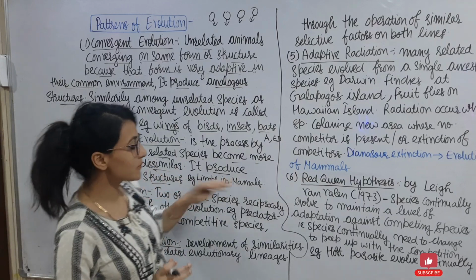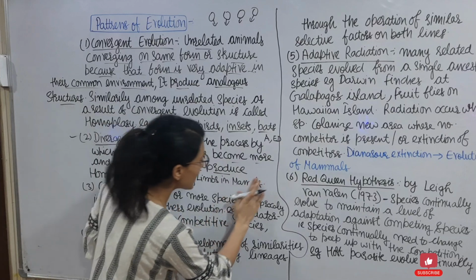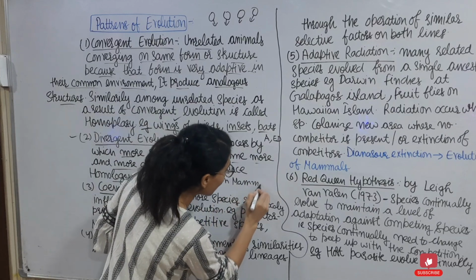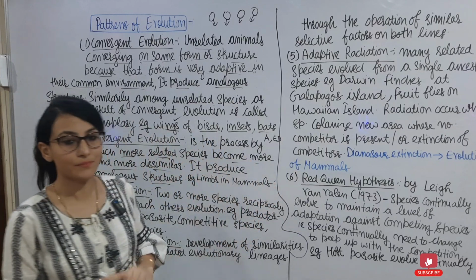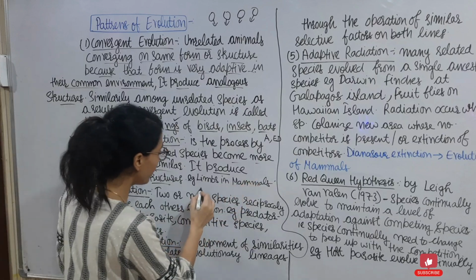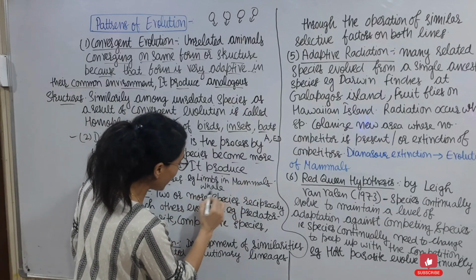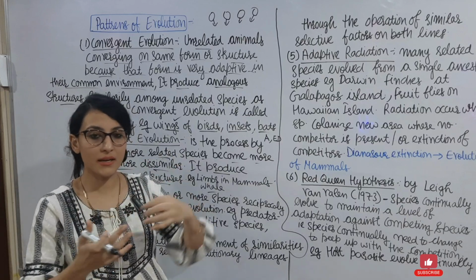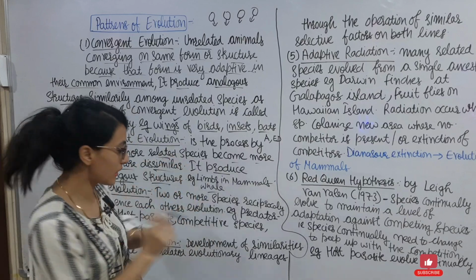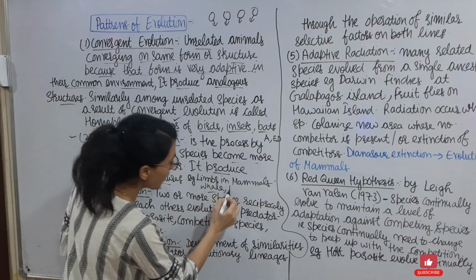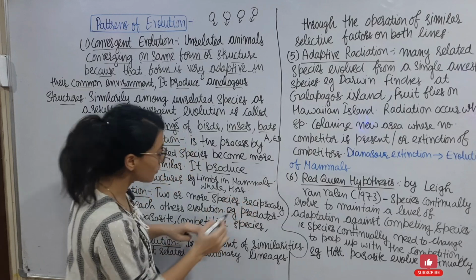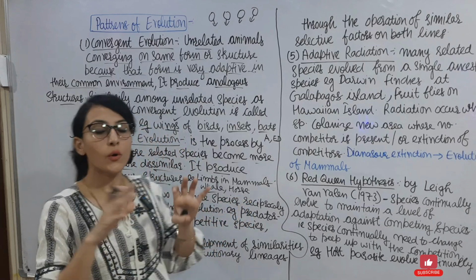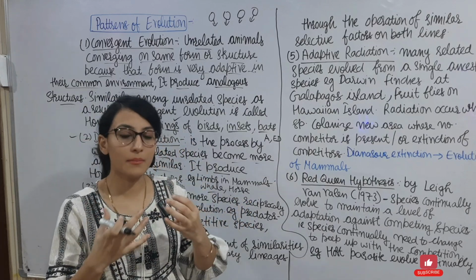As in the case of limbs in mammals, the limbs develop according to their adaptation. For example, if we take the whale, the whale is a mammal and has flippers because its habitat is water, so it has to swim. If we take the horse, the horse has 4 legs which help it in running.